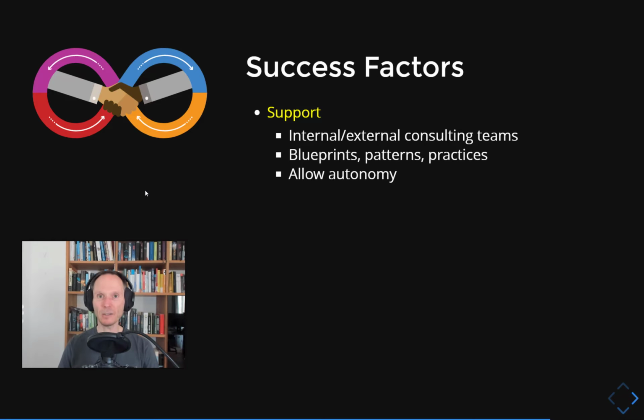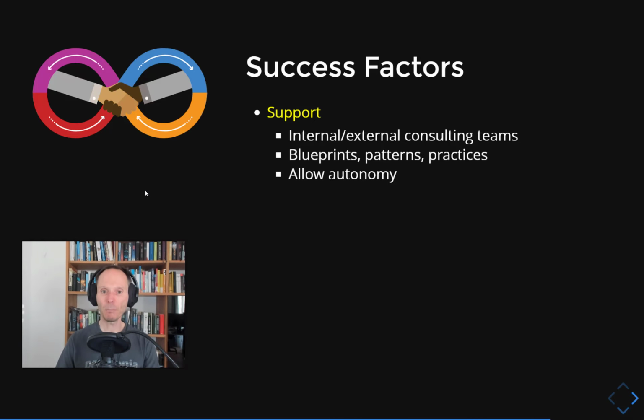Teams who build cloud native solutions need support. Therefore, a company who wants to go down that road needs to care for internal or external consulting teams. There have to be people whom these self-organizing autonomous teams can ask when they have questions, and they will have questions after the first trainings.